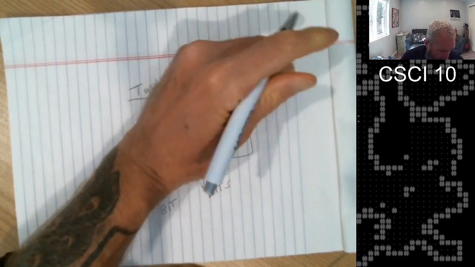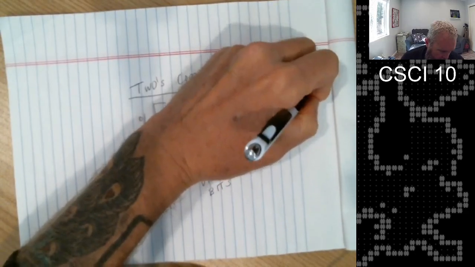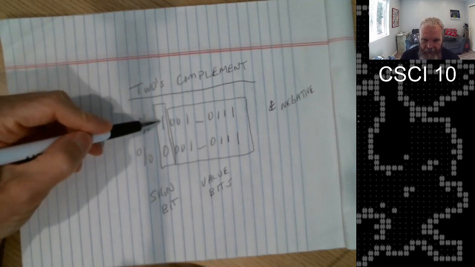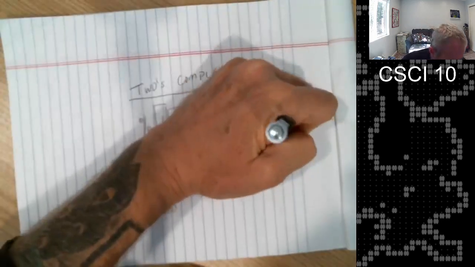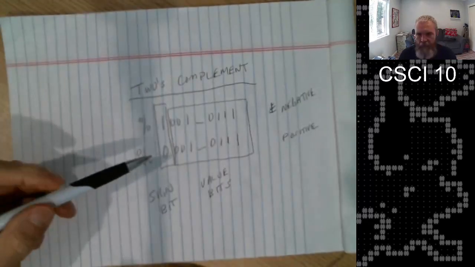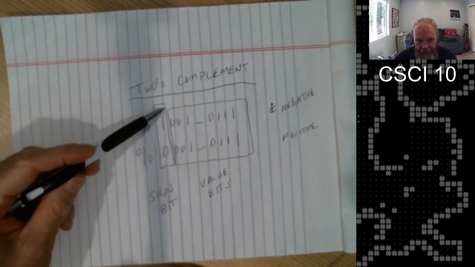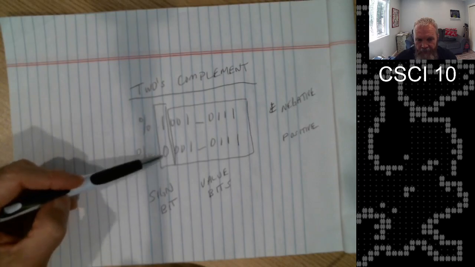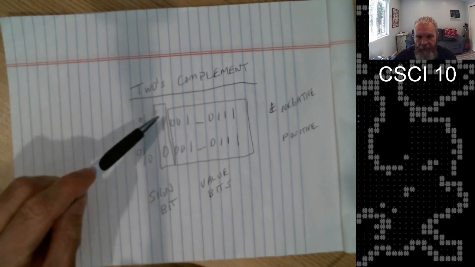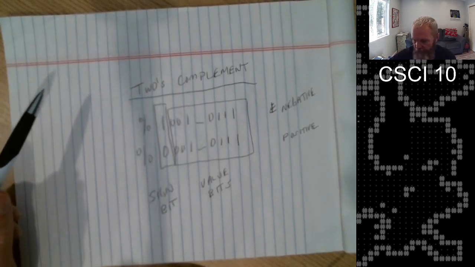When the sign bit is 1, that's a negative number. You know that automatically. When the sign bit is 0, it's a positive number. So just for starters, that's the most basic thing about 2's complement, is that this uppermost bit is reserved to represent positive or negative. Negative when it's 1, positive when it's 0. That's the most basic part about it.